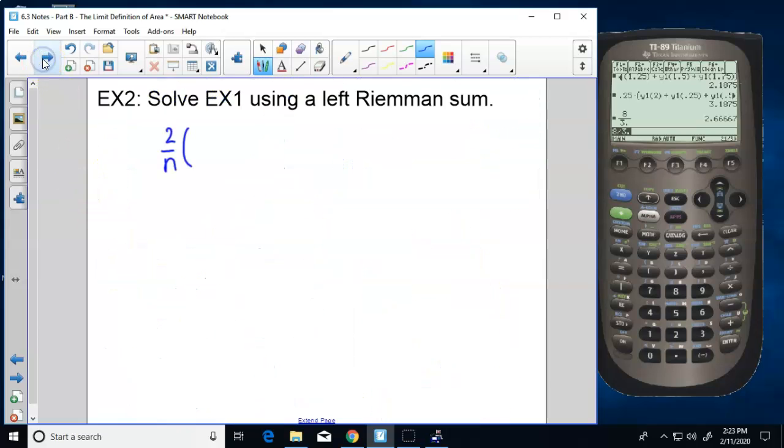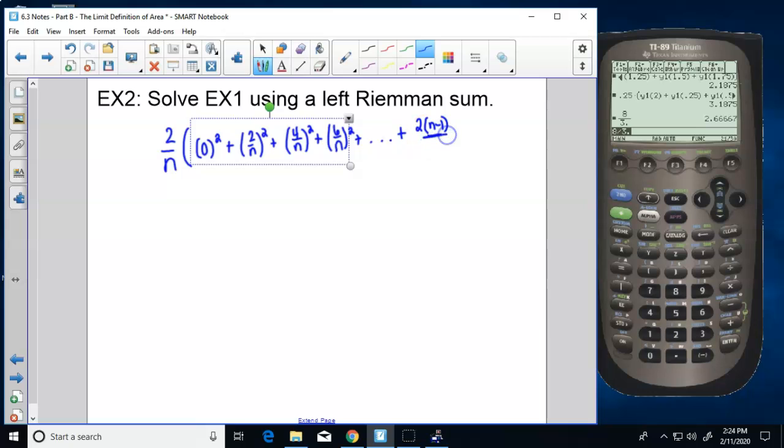And so what we would have here is 0 squared plus 2 over n squared plus 4 over n squared plus 6 over n squared plus dot, dot, dot. And then we wouldn't end up at 2. We would end up at 2 times, I think it's 2 times n minus 1 over 2, I believe. It's really not all that important what you got right there. It'd be the number right before your n.